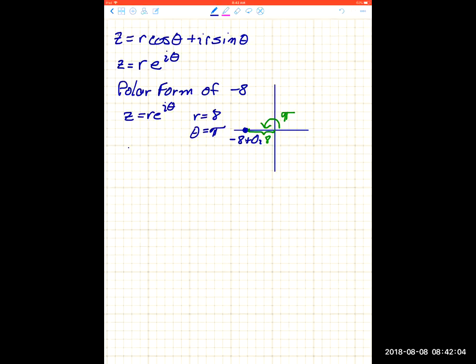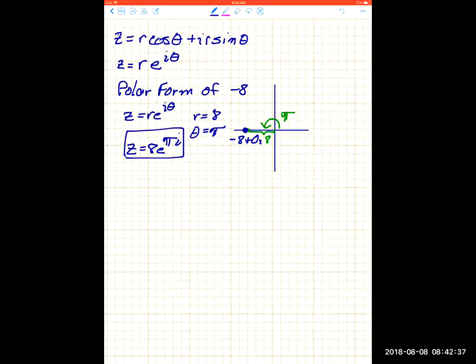So -8 can be rewritten as 8e to the pi i. And if you have a calculator that can do complex numbers, which your TI-84 can do, Desmos cannot, then you can check that. And you will, sure enough, get -8. Okay?